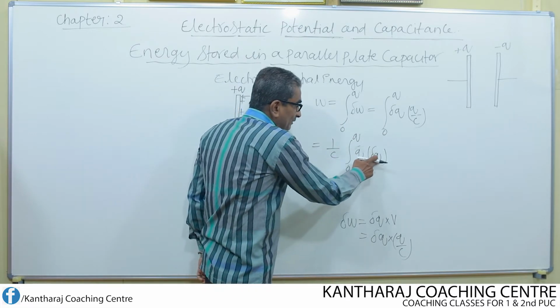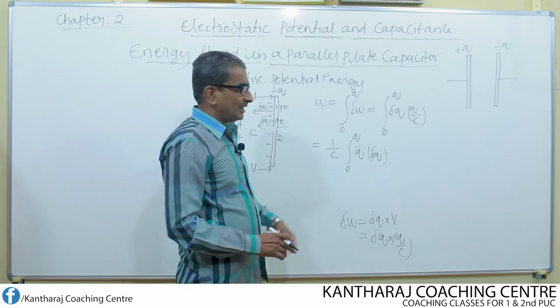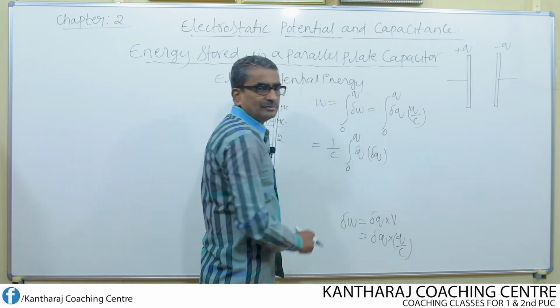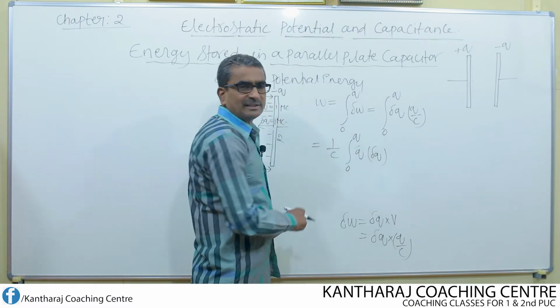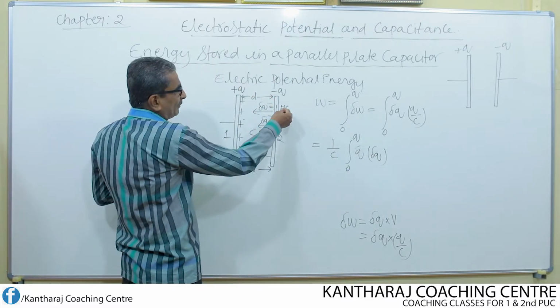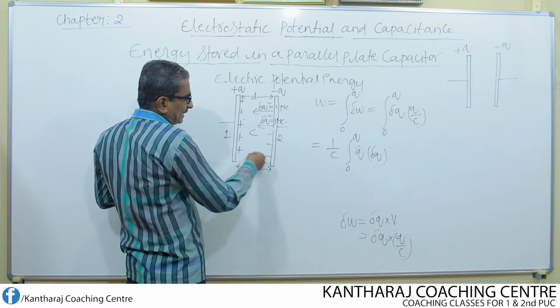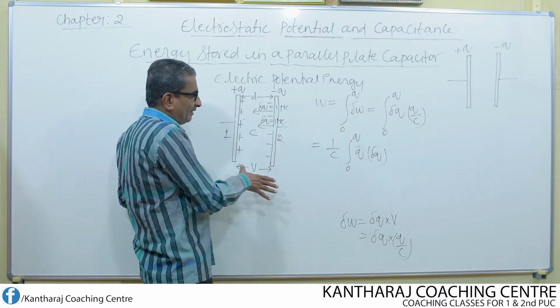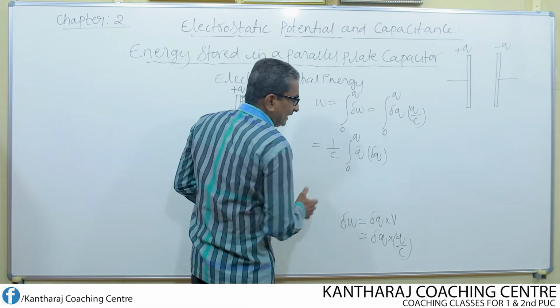Integrate Q with respect to Q. Or this can also be expressed as integrate Q into dQ. Why should I use the integral sign? Instead of adding small works delta W plus delta W plus delta W, I can add all of this at once by using the integration sign.